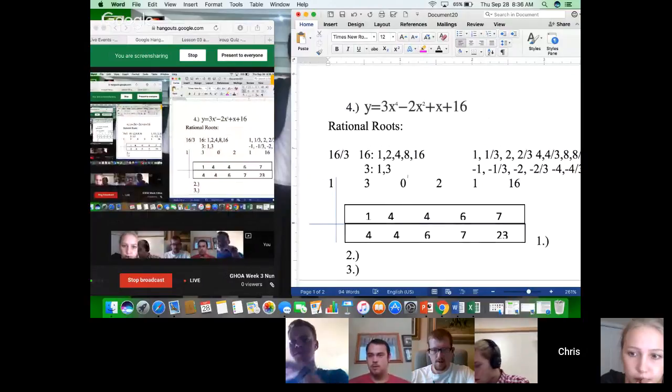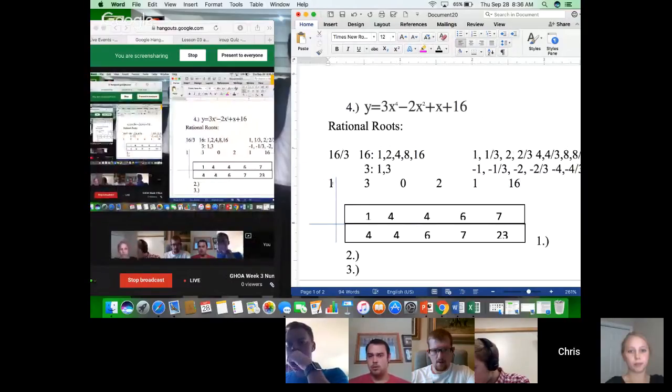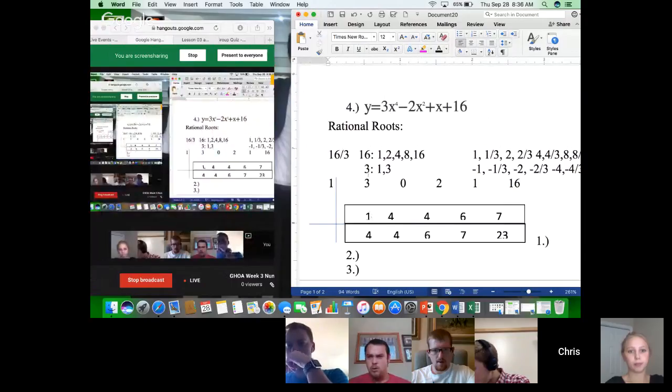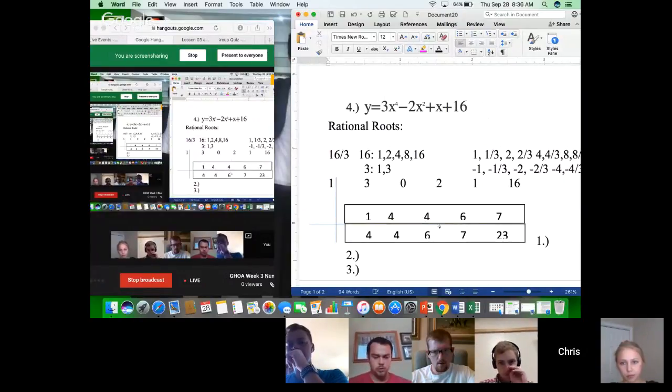So that should be a 0 for the x cubed spot. And then you take whatever number you have here and put it here. And then you immediately drop that number down here. And then add these two together, 4. Bring this number up here. Add these two numbers together to get 4. Put that up here. Add these two numbers together to get 6. Put this 6 up here. Add these two together to get 7, and so on.